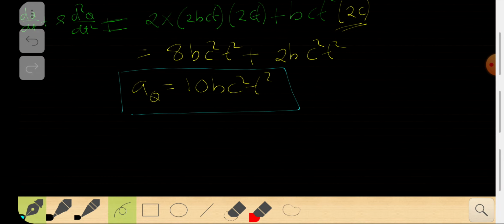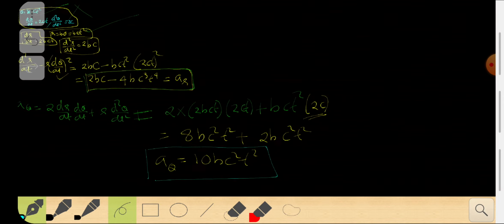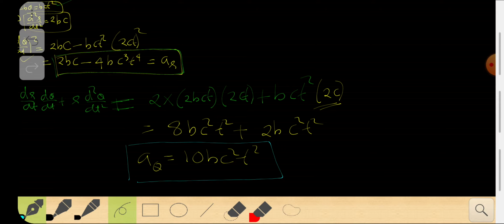So I found a theta and a_r, the two vector components. Now I'm going to put down the values of a, b and c and t.